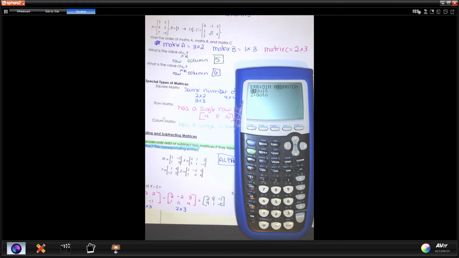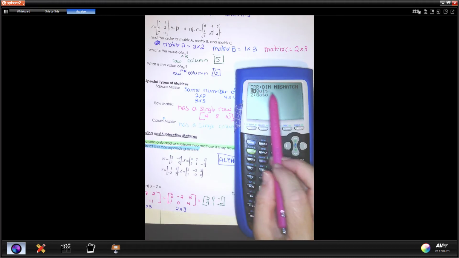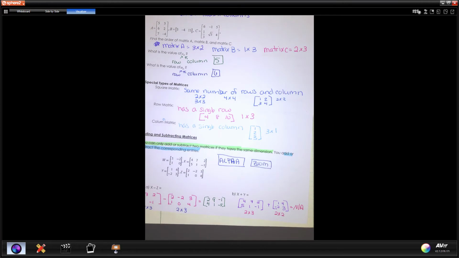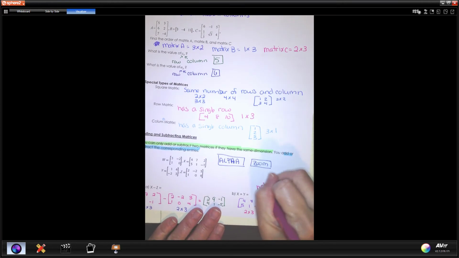We get an error message, and right there is the reason why: dimensions mismatch. And it would say error, go to, and we can press 1. And our answer, unfortunately, is an error, not the same size. So we cannot add these together, not the same size.